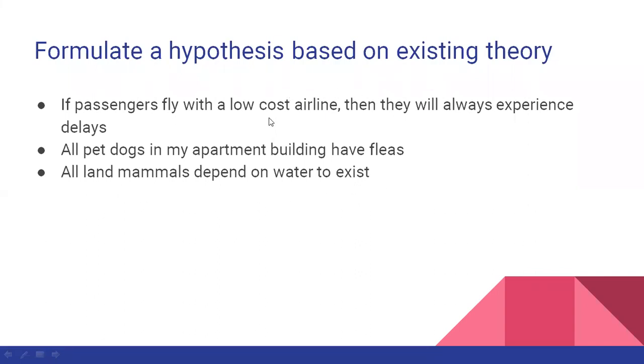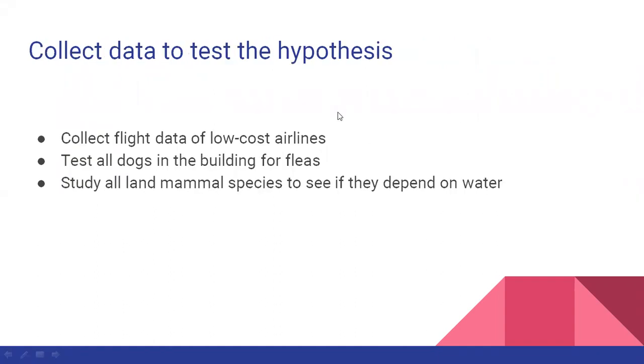So let's take these three theories. At stage 2, we have formulated these hypotheses based on the existing theories. Now third, as I told you, whenever we go for testing our hypothesis, we need data, a collection of data, a very good amount of data.